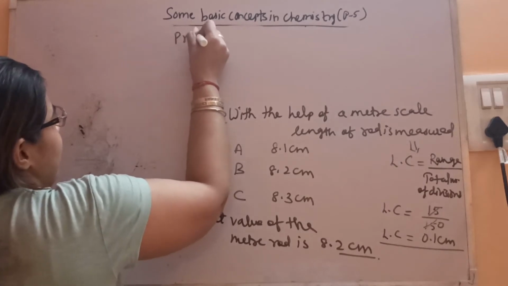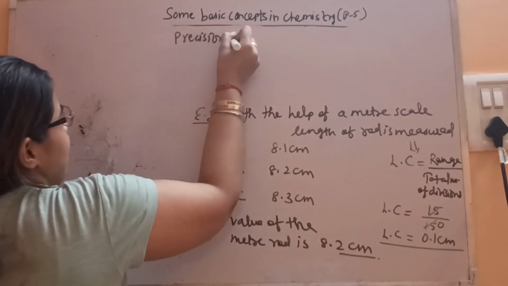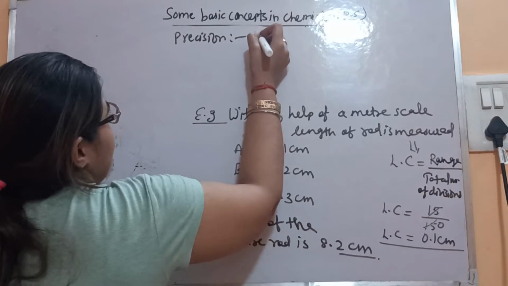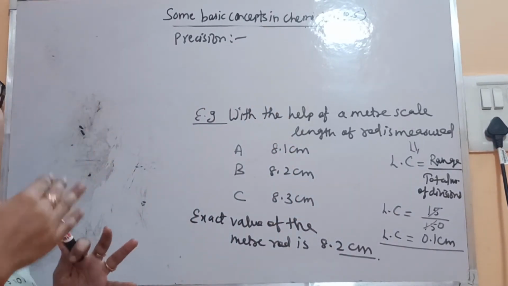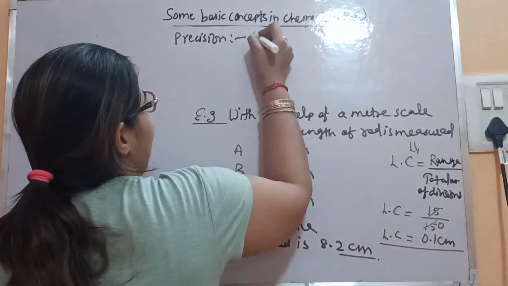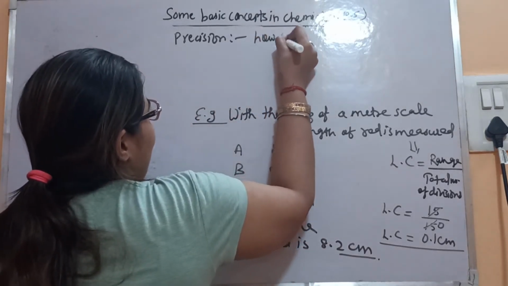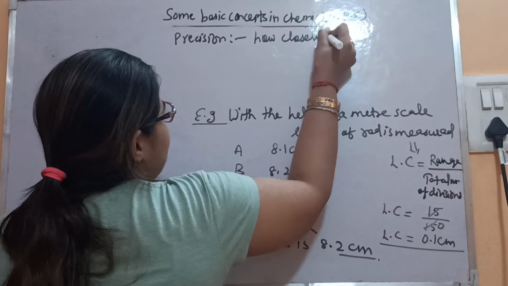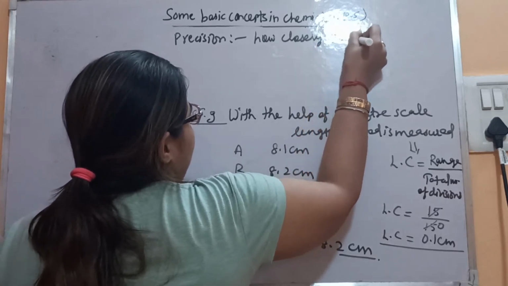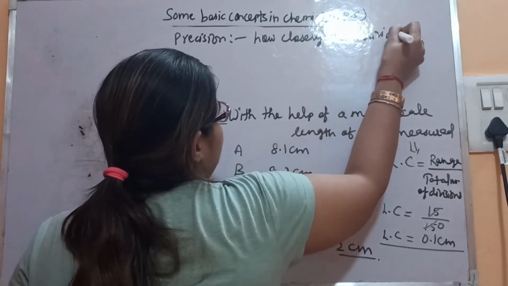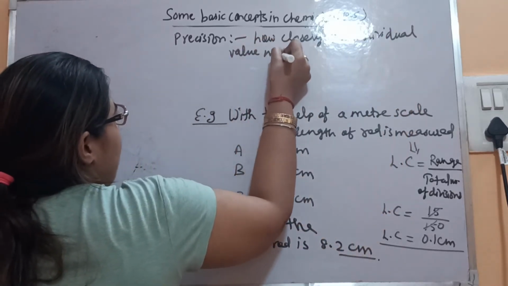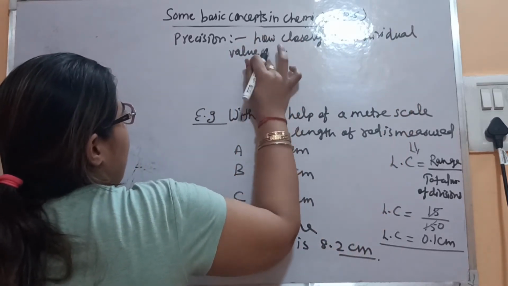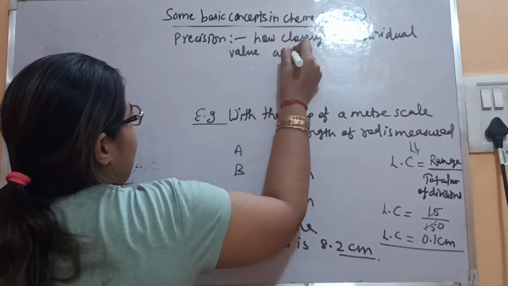First is precision. Precision means how closely the individual values agree with each other.